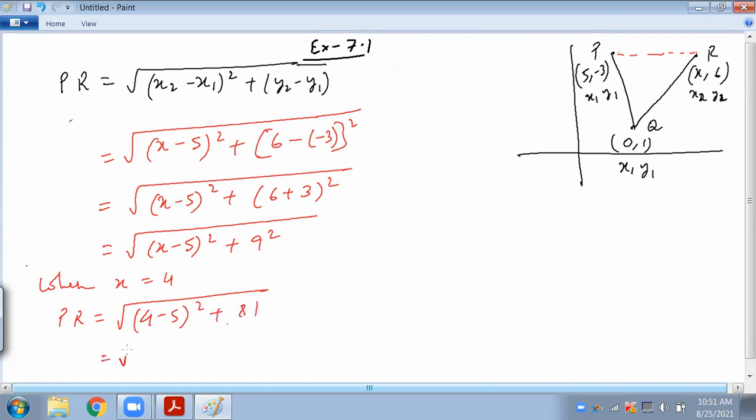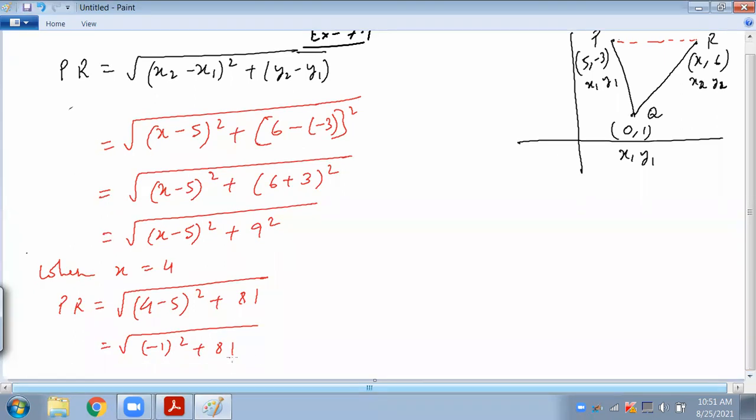Then you can solve it. It'll be minus 1 square plus 81. Minus square is plus, so 1 square will be 1 and 81, so it will be square root of 82. Can you find anything out of the root? No, forget it.